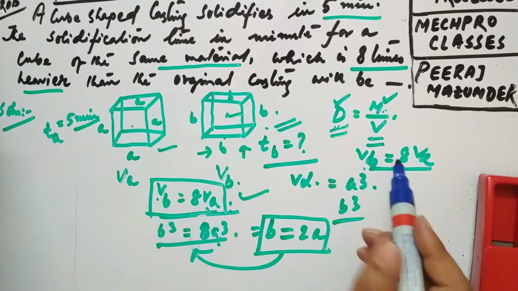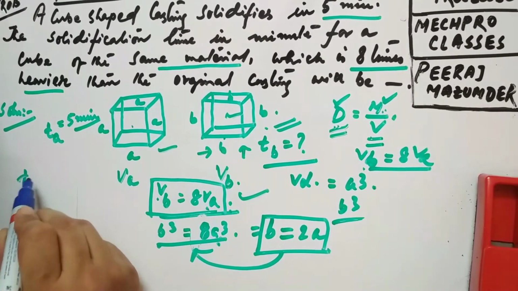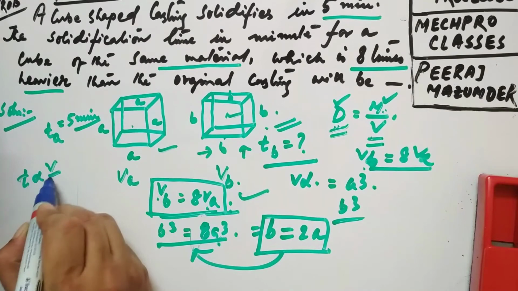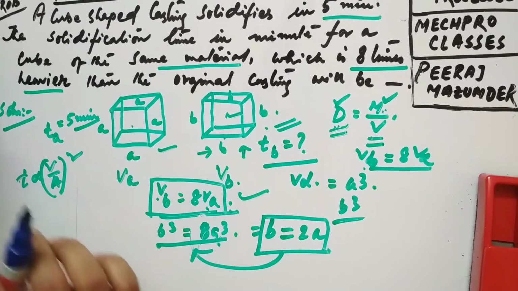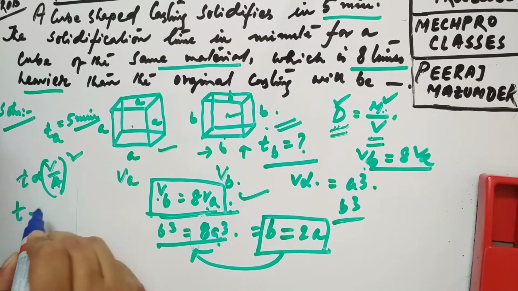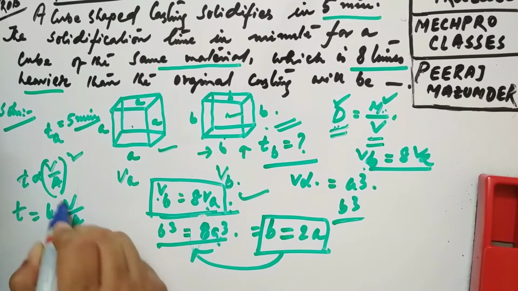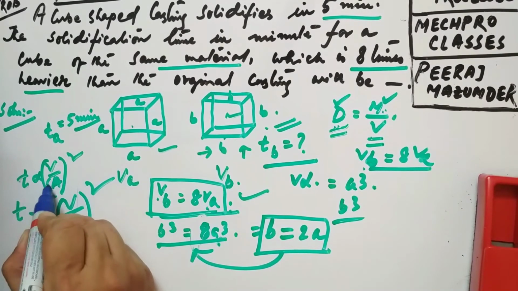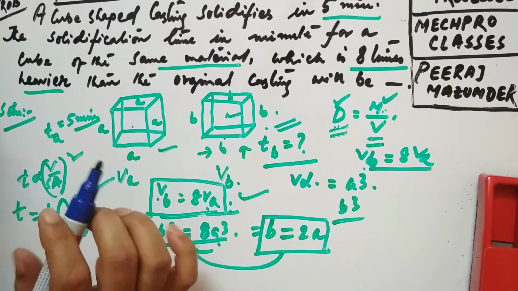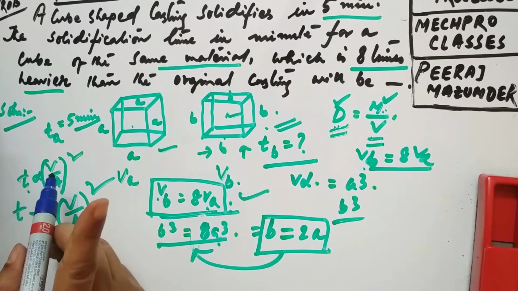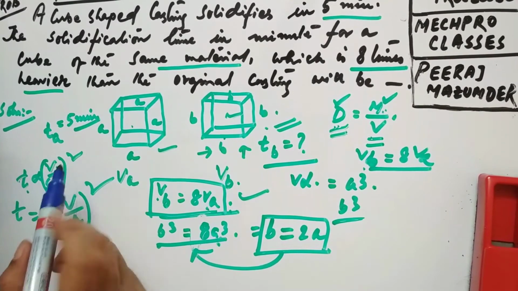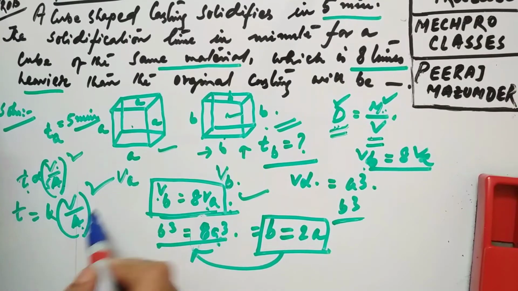Because you have to apply this formula, T proportional to V by A whole square. Okay. Or T equal to K V by A whole square. It can be written as V by SA also. Look, T means solidification time, V is the volume of the casting, SA equals surface area, or simply A is surface area.